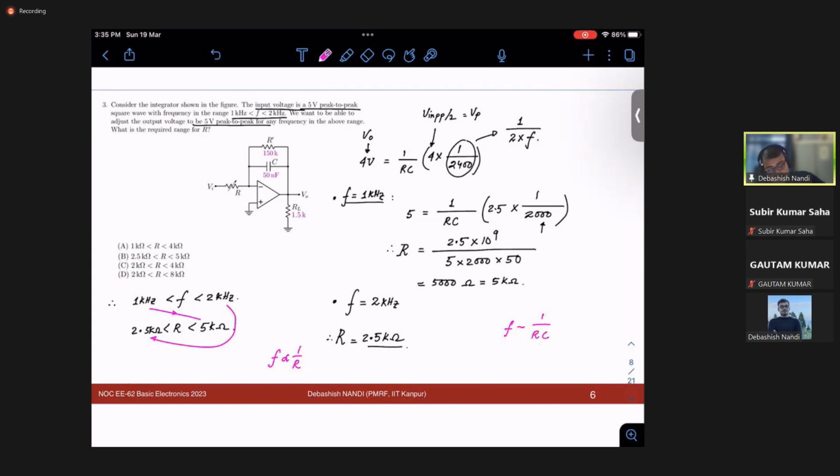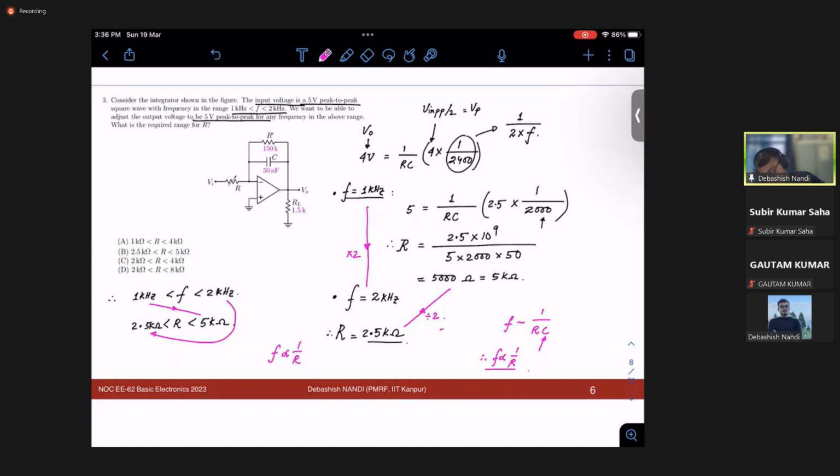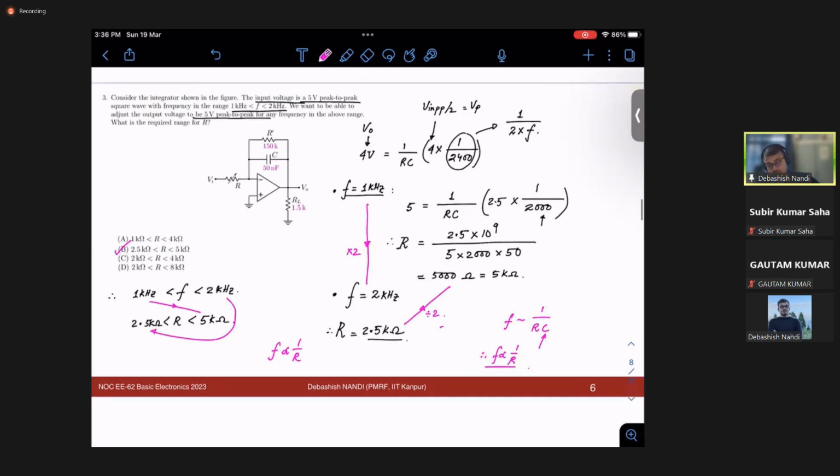If this is constant, then your f should be proportional to 1 over R. So as we see that your frequency is increasing, to have the same charging constant, your resistance would be divided by 2, right? This is multiplied by 2, so this would be divided by 2. So it is pretty simple, right? This is how your correct answer would be B. So this is how you find out the answer to this kind of problems. Okay, so let's move on to the next problem.